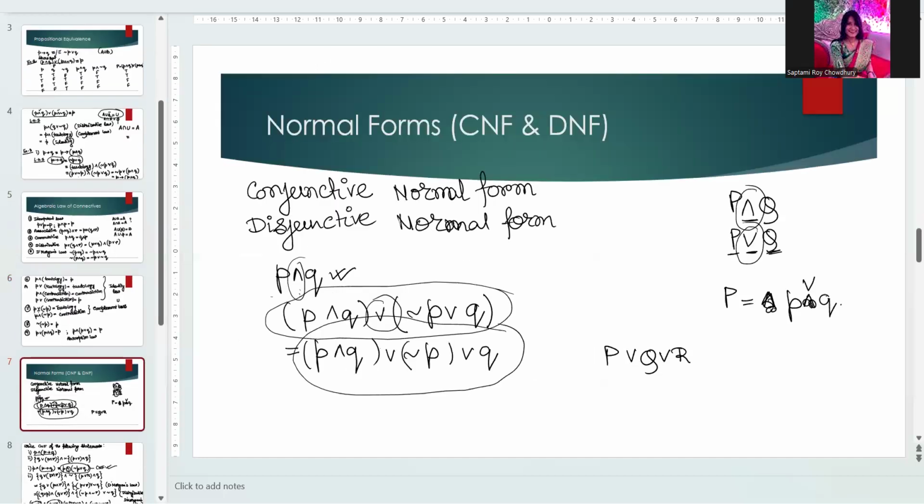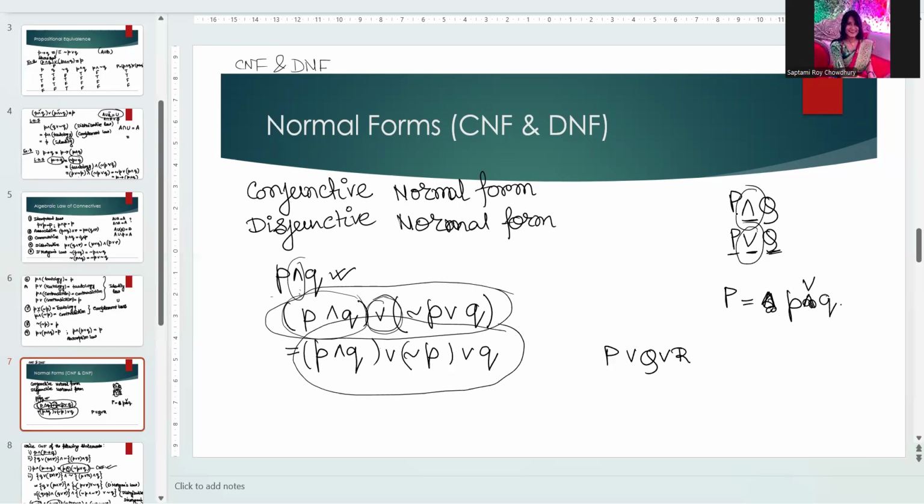Next is a very important part, called the normal forms, CNF and DNF. CNF is called conjunctive normal form, and DNF is disjunctive normal form. Between the propositional functions, a conjunction is needed, or a disjunction is needed.